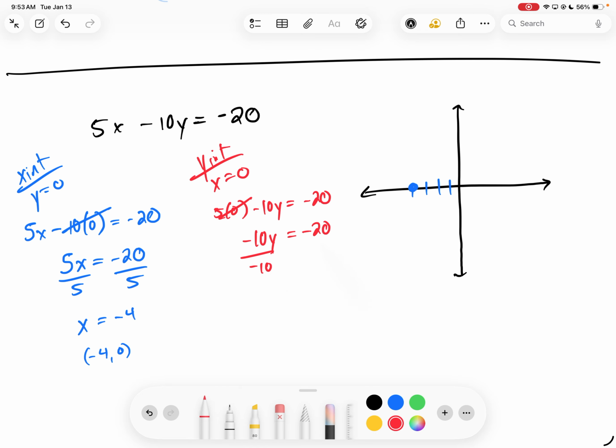Then divide by -10 to get y by itself, so I have y equals 2. So that's going to be the point 0, 2. Go put that on the y-axis of the graph. Now I have 2 points, just like we did a minute ago, and I can graph my line.